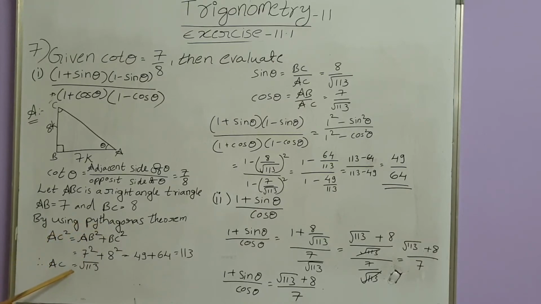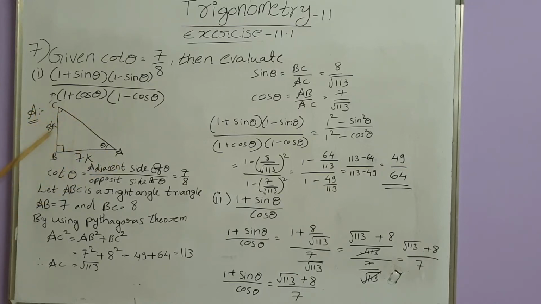AC is equal to root of 113. In this, sin theta. What is sin theta? Here sin theta is opposite side of theta by hypotenuse. So BC by AC.